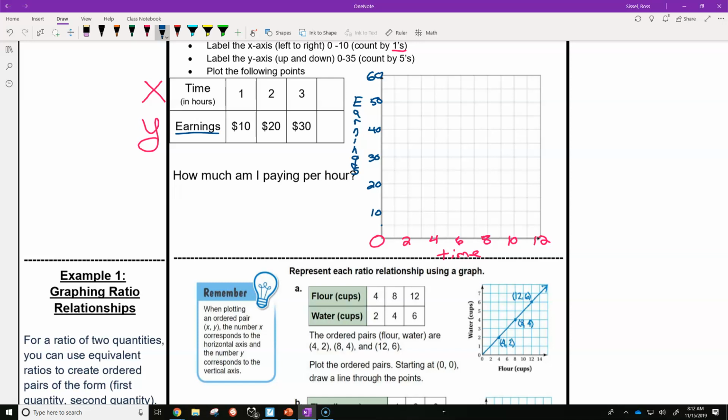All right. What I'd like you to do today is make sure when you have a table, you write out the coordinate points. So, what is one of my first coordinate points I could write down? What is my first one, Caleb? 1 to 10. X to Y. So I'm going to go over 1, up 10, mark it. What's my second one?